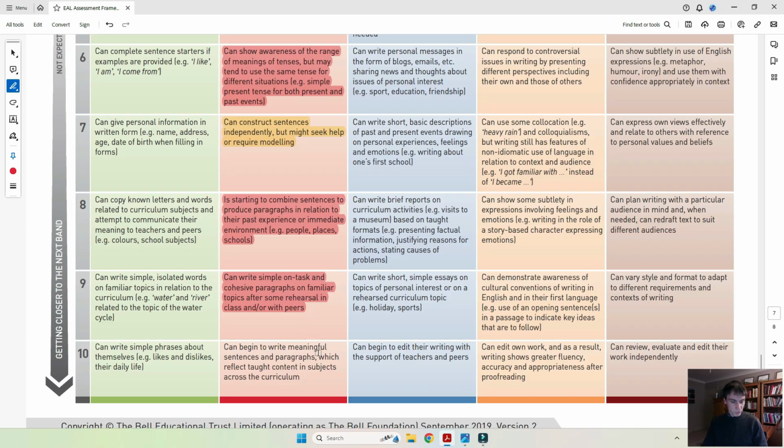And finally, we've got 10, can begin to write meaningful sentences and paragraphs which reflect taught content in subjects across the curriculum. Now, based on this sample, this is not something that we can actually say, because, well, certainly the sentences are meaningful, but there's no paragraphs, but largely this is just from one subject, and it is not on the topic of the curriculum. It's a personal experience, but we just simply do not know.